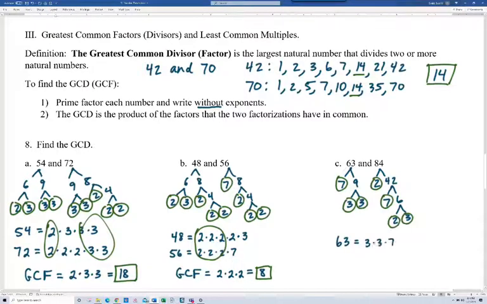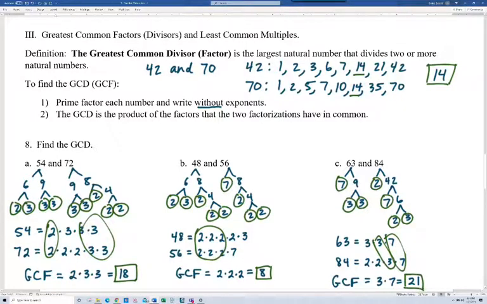And so 63 is 3 times 3 times 7. And 84 is 2 times 2 times 3 times 7. What do we have in common? Well, they each have a factor of 3, and they each have a factor of 7. So 3 and 7 are common factors. And so our GCF is 3 times 7, or 21.